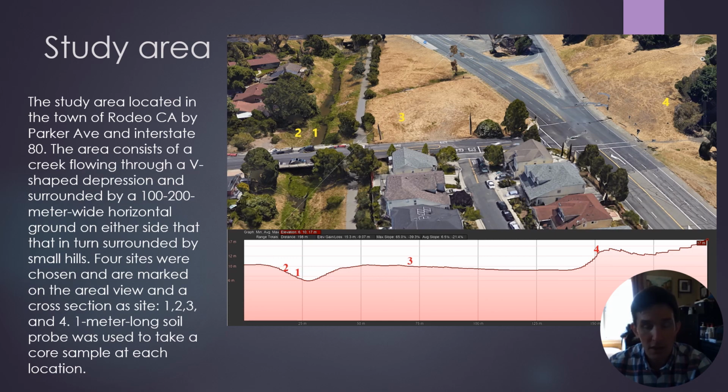Site 3 is taken on this floodplain area. I would call it a floodplain area. And site 4 is taken across Parker Avenue, where the hill begins to slope up. Now let's move on to the next slide so we can analyze each site and see what we find.